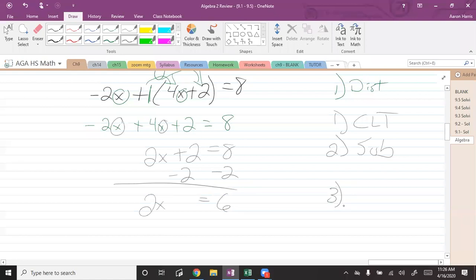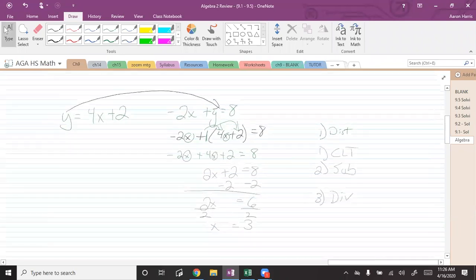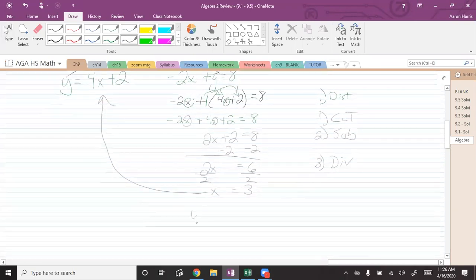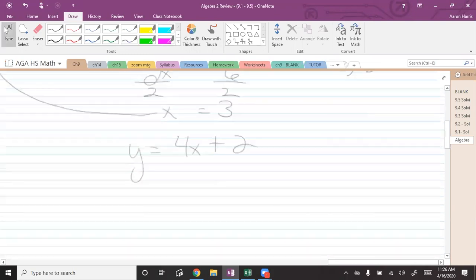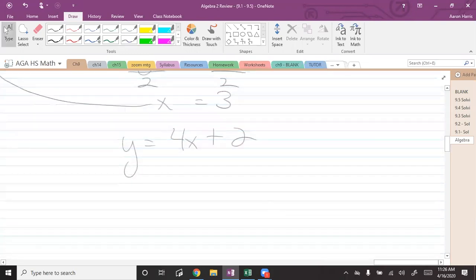Step 3. Divide by 2. X is equal to what? 3. What do we do with that? You plug it back in, correct? So y equals 4x plus 2. What does that equation become?